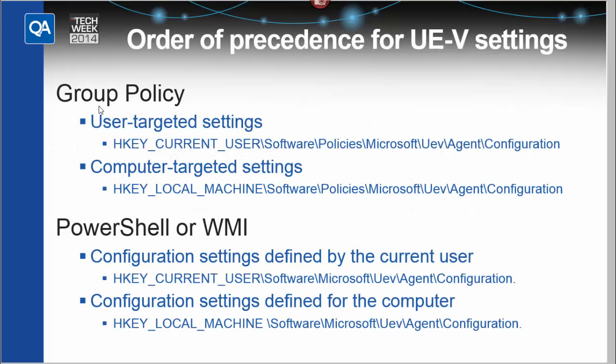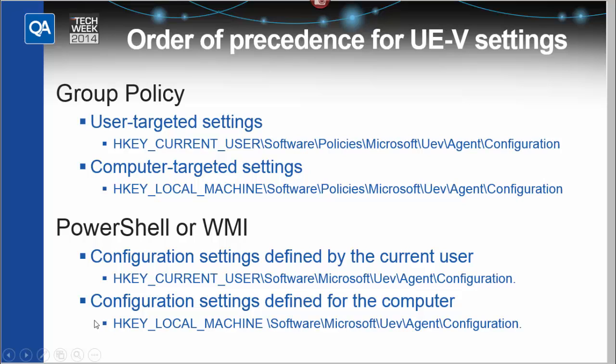Okay, so I mentioned in the demonstration when looking at the group policy settings that the order of precedence is not the standard order of precedence when dealing with group policy. So the processing order is basically from the bottom up.